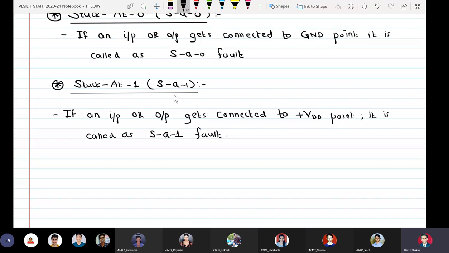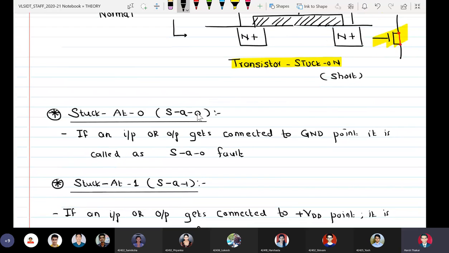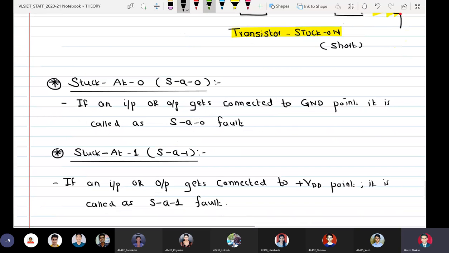Okay. And these are called short circuit faults because it is getting connected. So we can say that these are called short circuit faults.